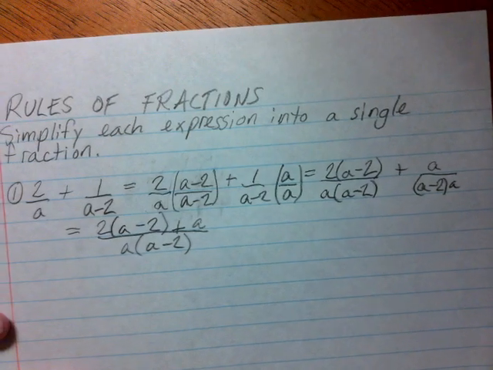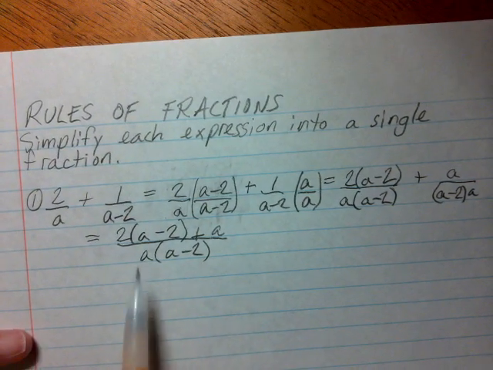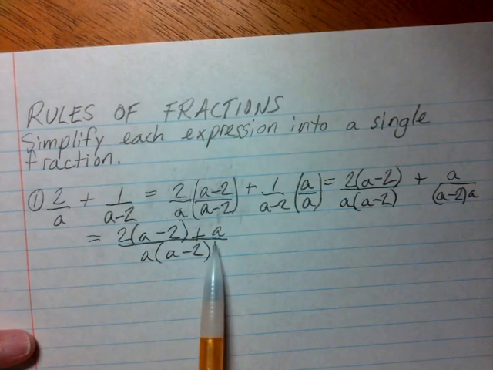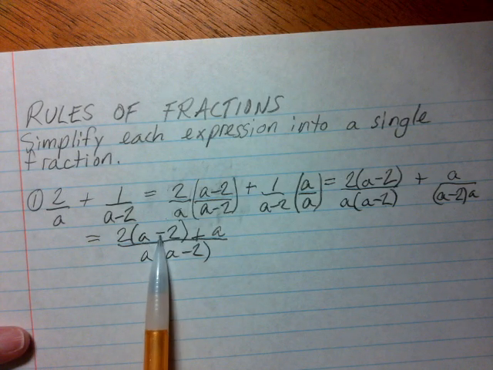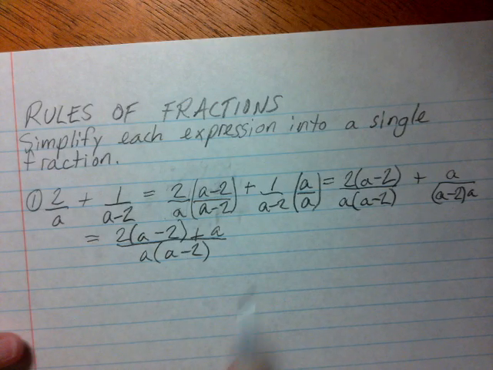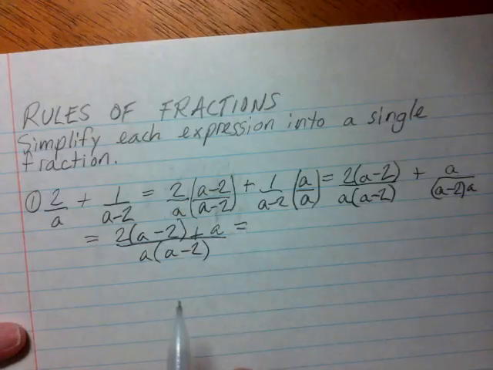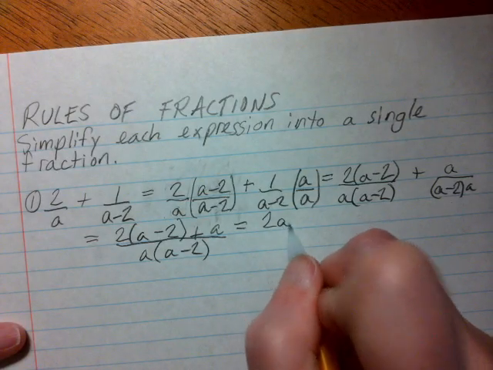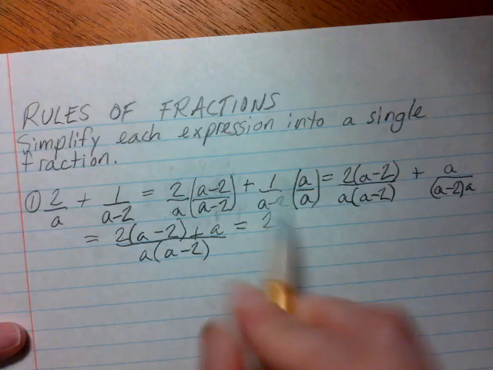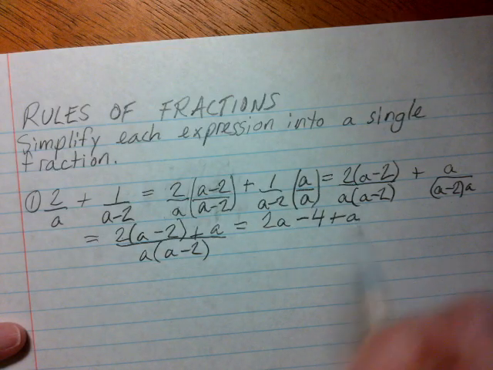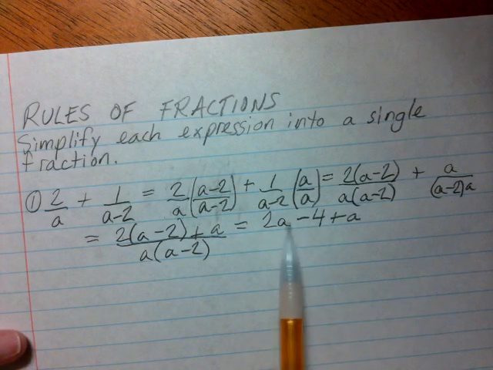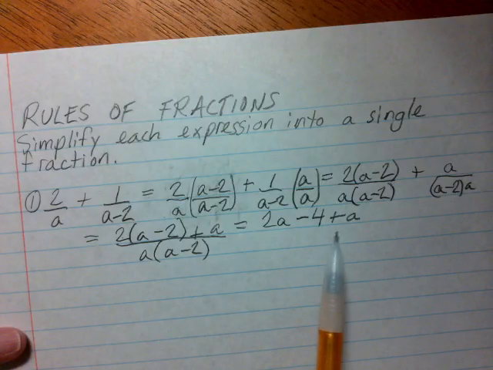To simplify this, I need to gather like terms on the top, but first I'm going to have to distribute the 2 into the parentheses. So I have 2a, and then 2 times 2 is minus 4, and then plus a. Now I can combine this 2a and this a to get 3a.